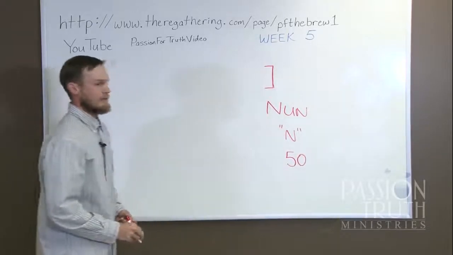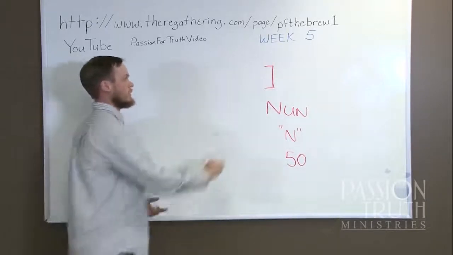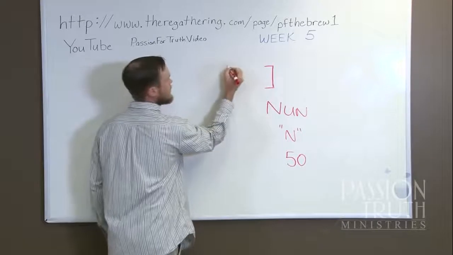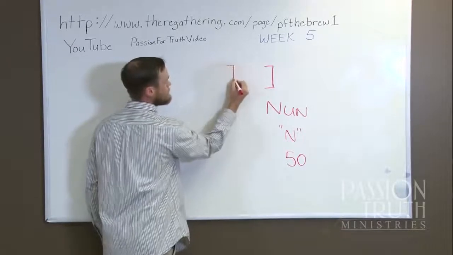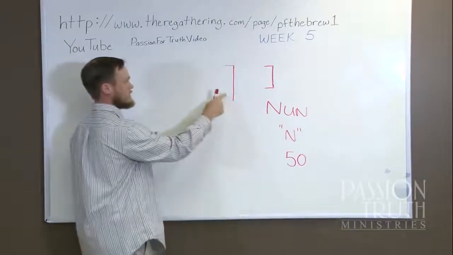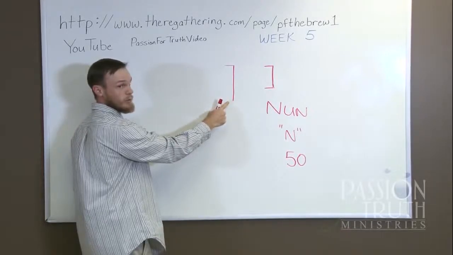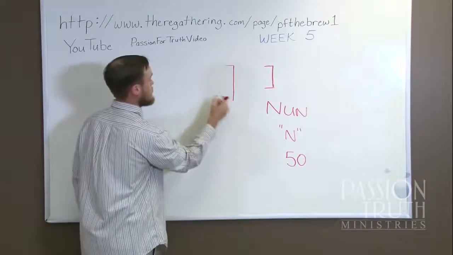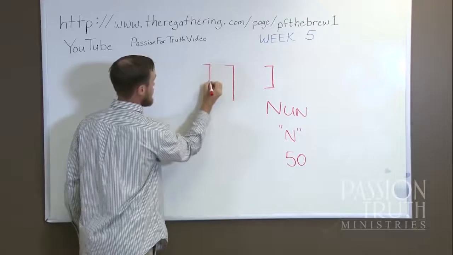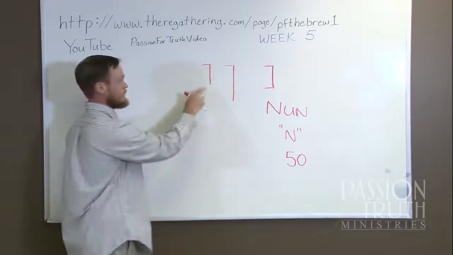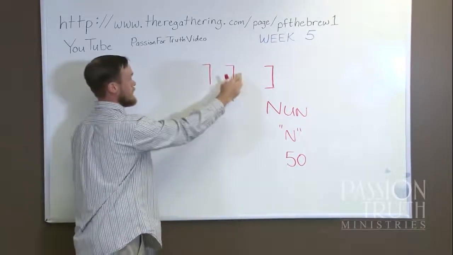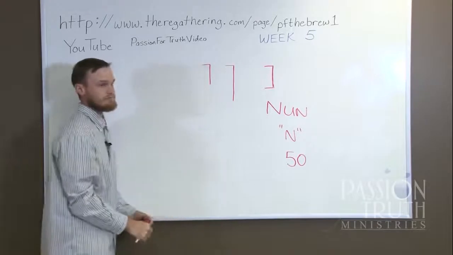The nun has a final form as well. So a regular nun here, and this is a nun sofit, or a final nun. See, it extends below the line of normal writing. This is what contrasts it with a vav. A vav would be the height of a regular nun. A final nun would extend below the line.